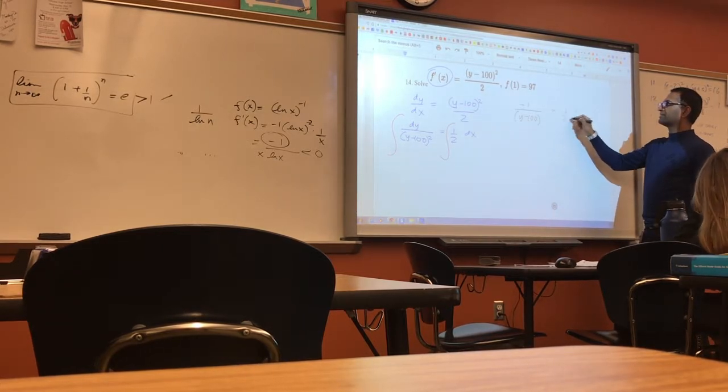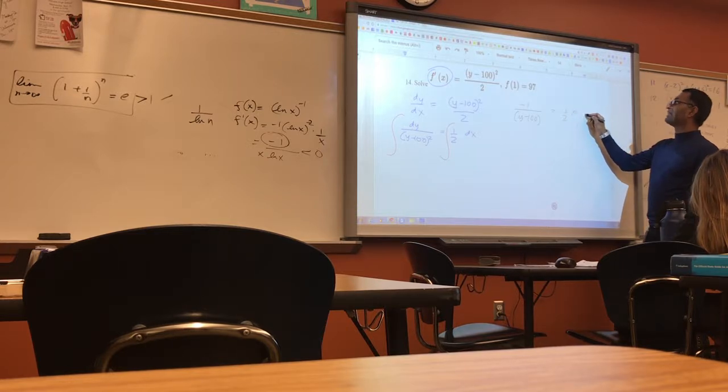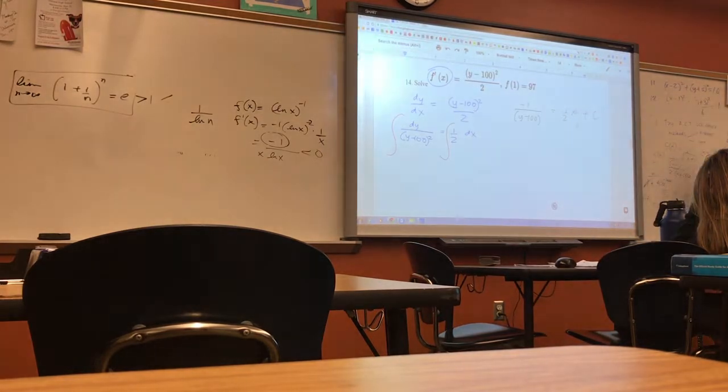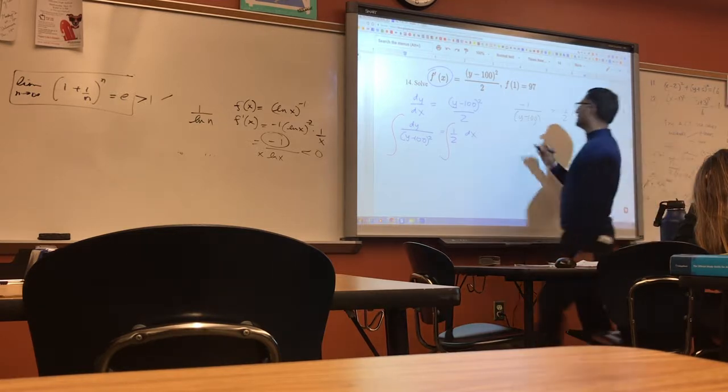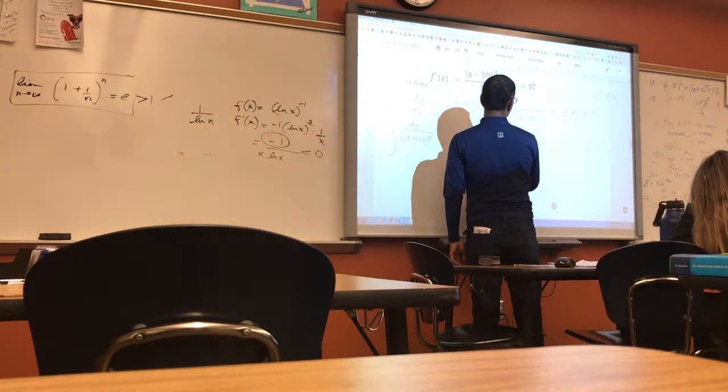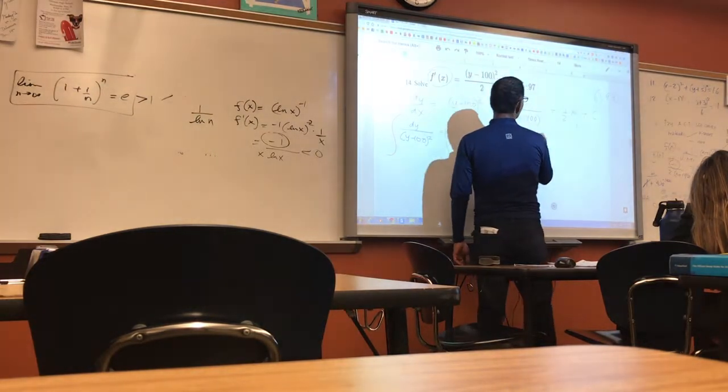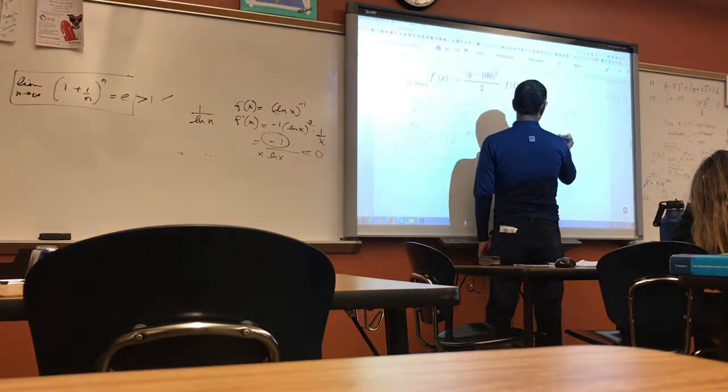Equals 1/2 x plus c. Don't forget, it's a differential equation, plus c. Now let's plug in (1, 97) carefully. We did this earlier, I'm reinforcing this. It's smart to write that as a point. Negative 1 over negative 3 equals 1/2 plus c.